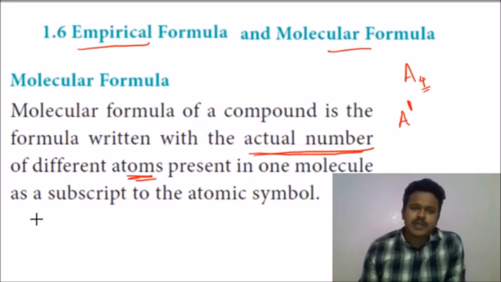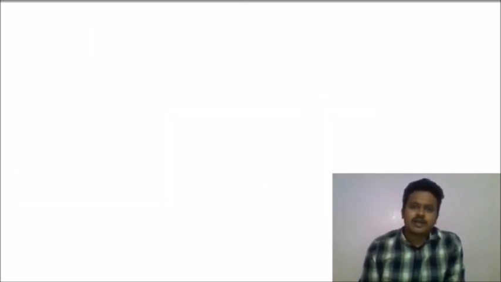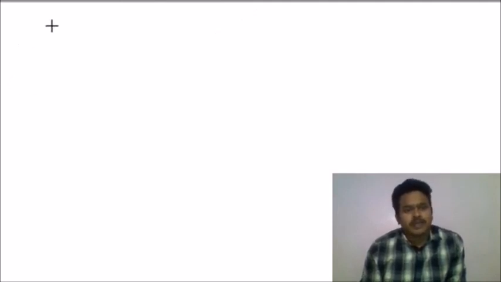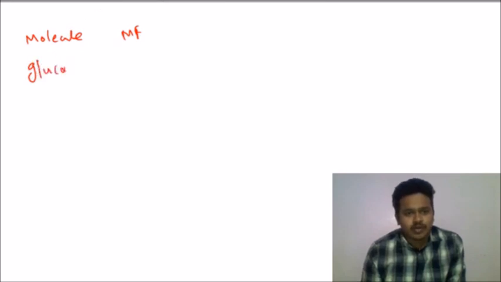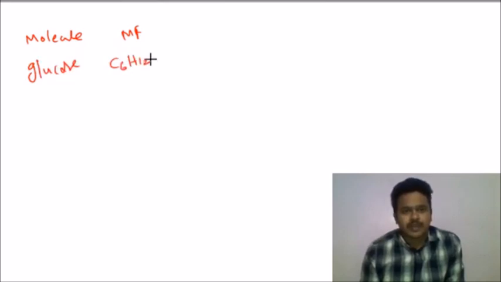Some examples we can see here. What is a well-known one? That is glucose, a molecule, with formula C6H12O6.